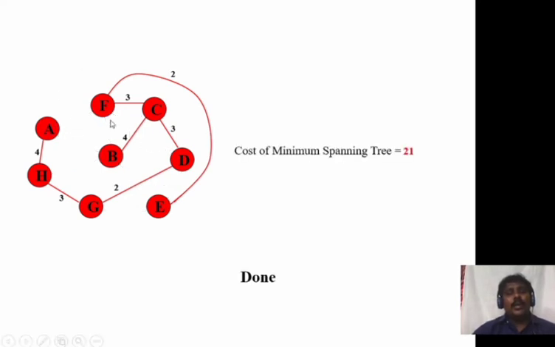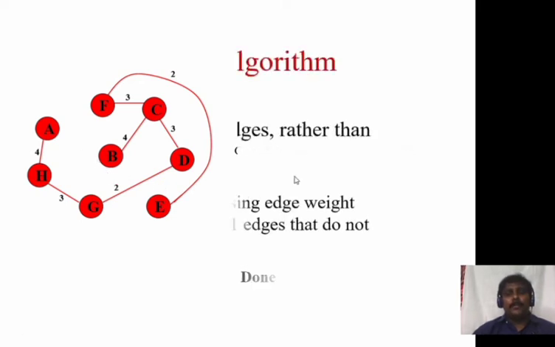So open figures are also considered in Prim's algorithm. So this is the solution for the given problem, and the cost of this minimum tree is 21. By adding all the weights of the last graph, we can simply say the cost of a spanning tree is 21.